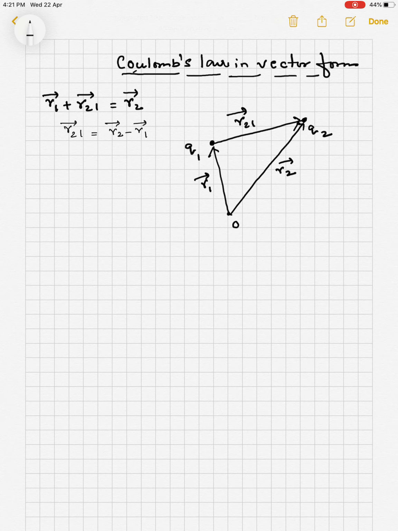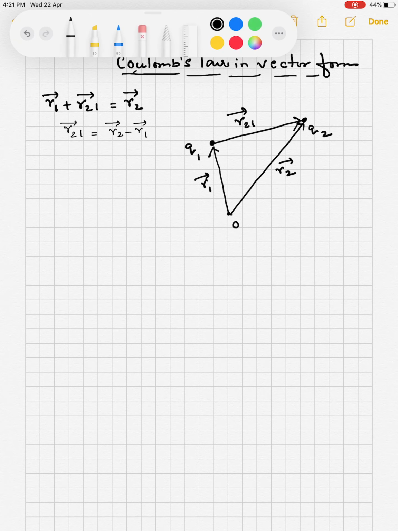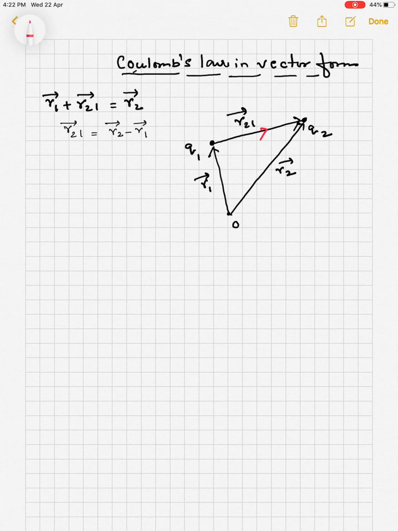And if in this direction we represent a unit vector, the unit vector in this direction is r21 unit vector. This is the unit vector in this direction from q1 to q2.